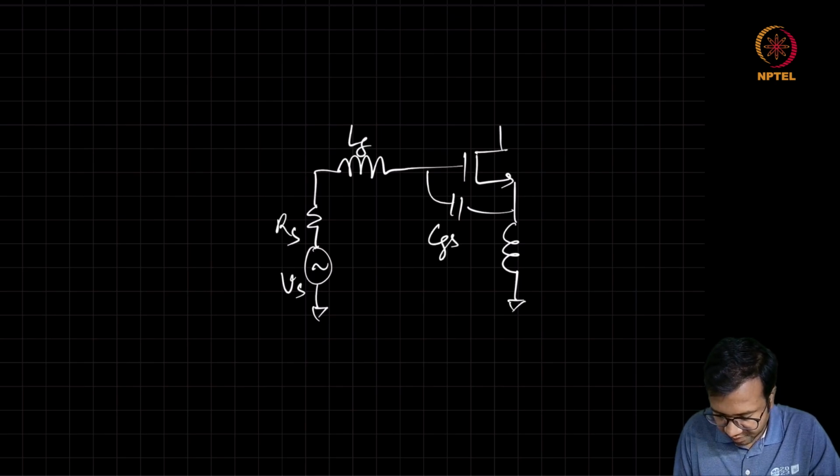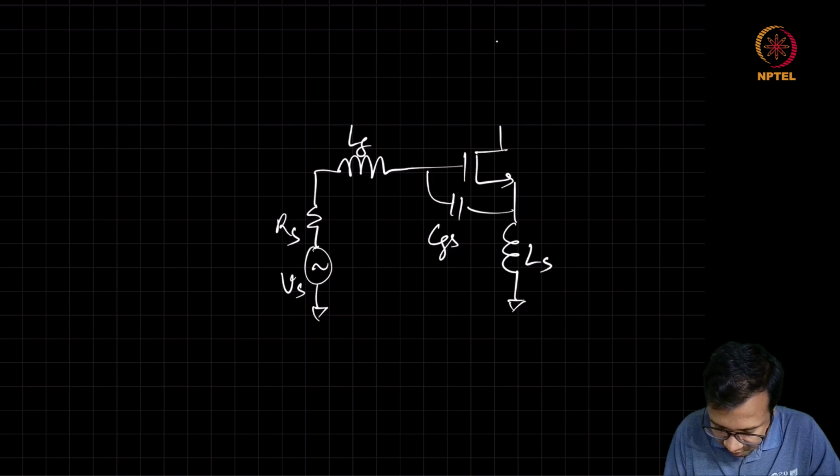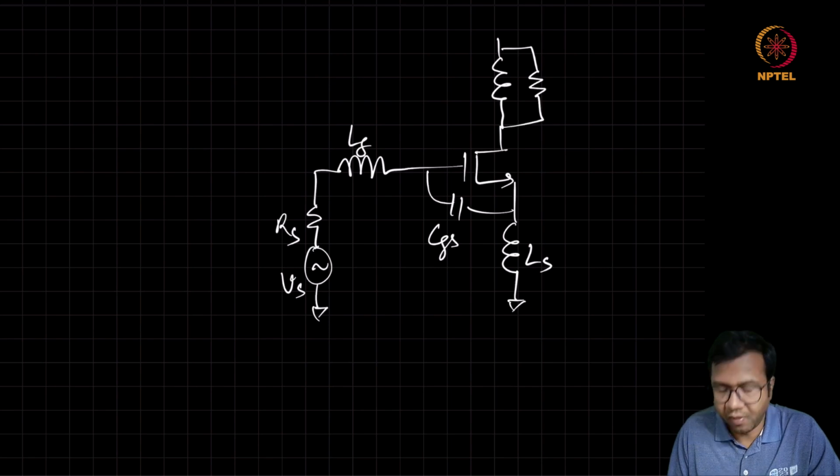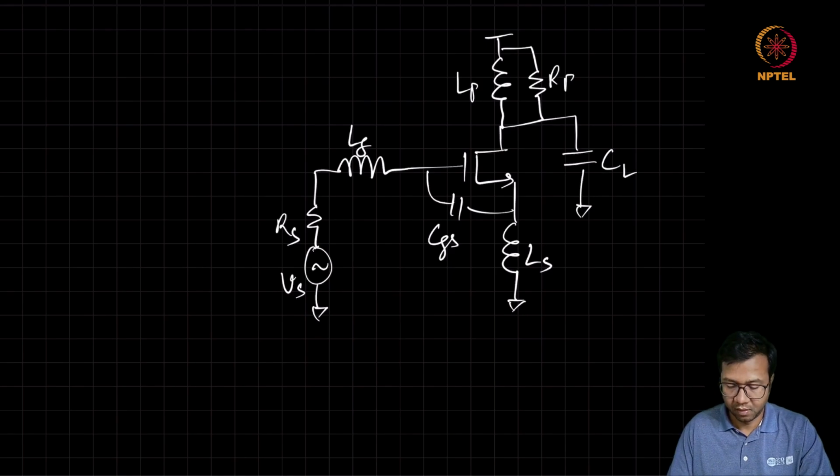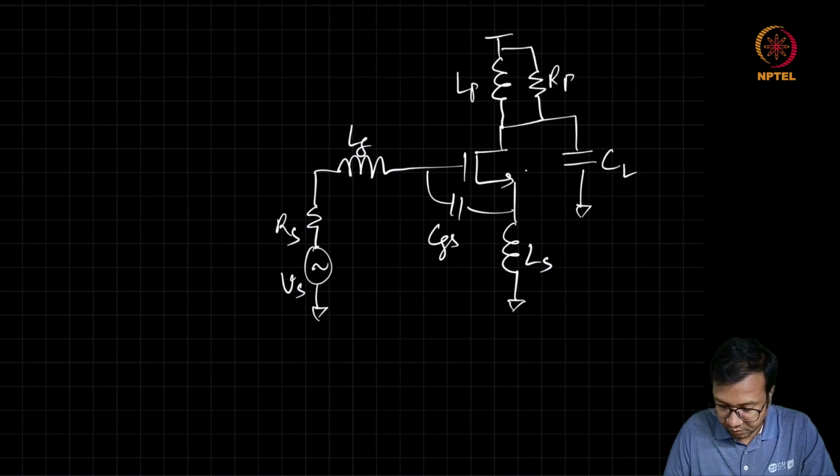See, CGS, LS. We have a tuned load here. What I will do is model a resistance RP in parallel with the inductor, which will capture all the real impedance looking at the load side. And here there is a CL. This MOSFET is biased in saturation with transconductance GM.